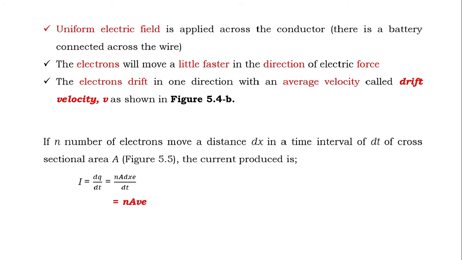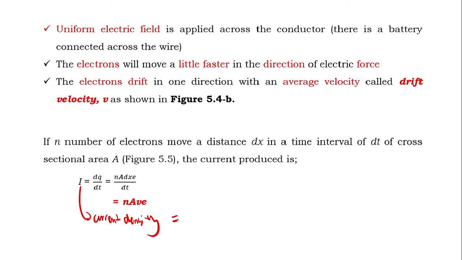So if n number of electron move a distance ds in a time interval dt across a sectional area A, the current produced is, so ini kita nak kira I, ataupun kita panggilnya adalah current density.